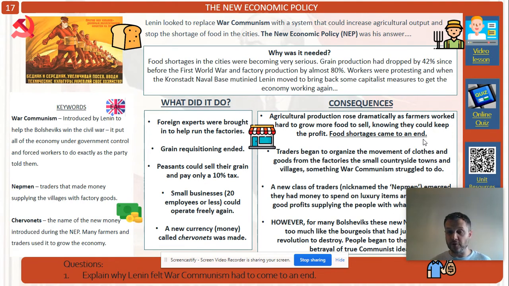That wasn't happening before because the state was in control. This is one of the big problems with communism, isn't it? With a centralized system, centralized planning for your economy, you get situations where a central government might say, we shall produce 1 million pairs of shoes this year.